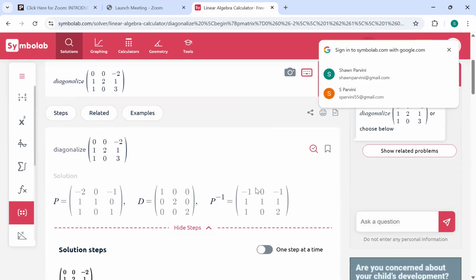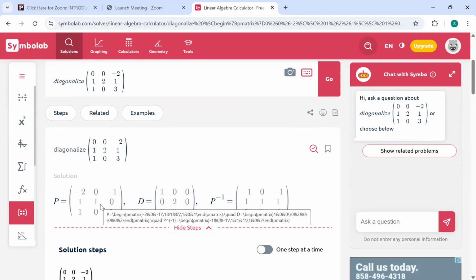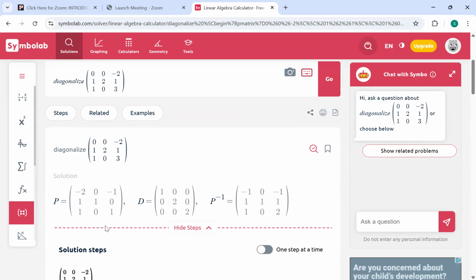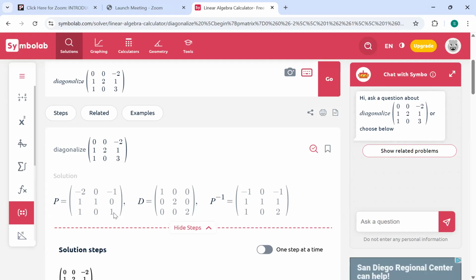The process is done. Now, a lot of what you see in the few steps that we're about to see, you will actually recognize. For example, here is matrix P. The first column of our matrix P before the break, that I did in my notes, was -1, 0, 1, which is the third column here.